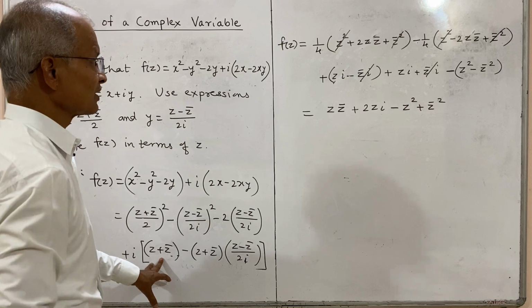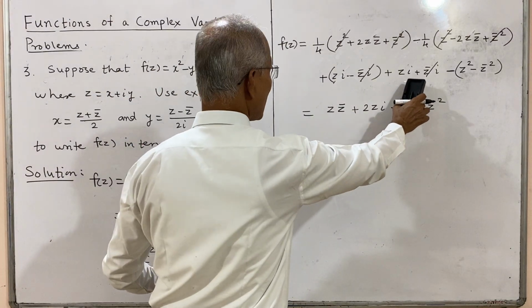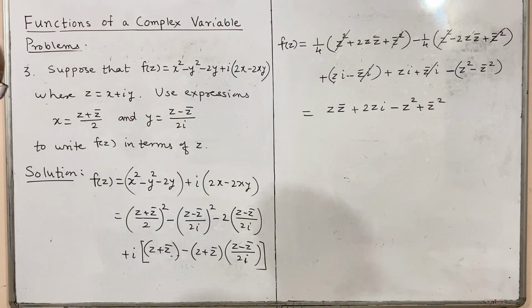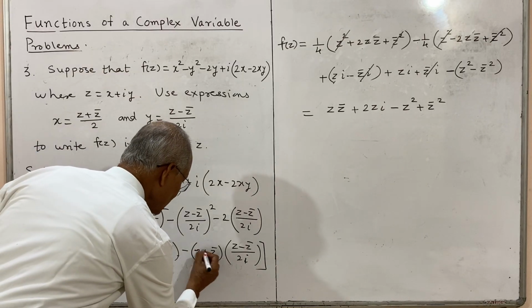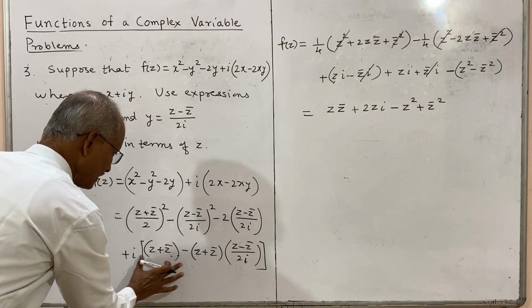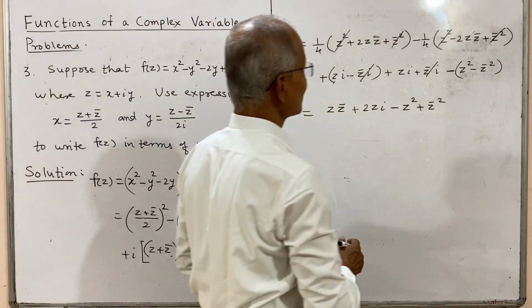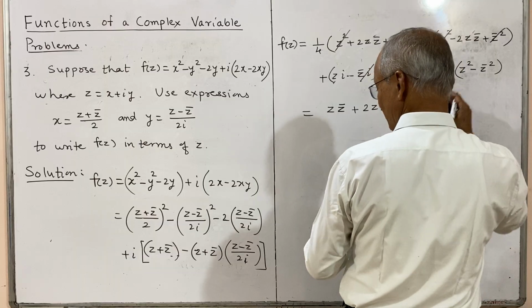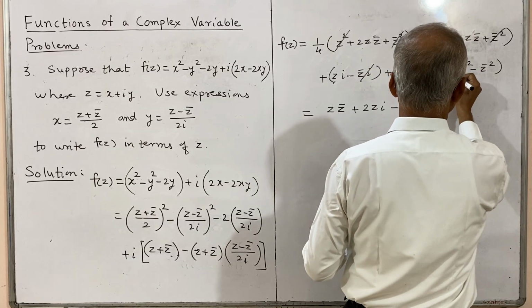So z plus z bar, i into z plus z bar, and minus this is half, i cancels but it is half.